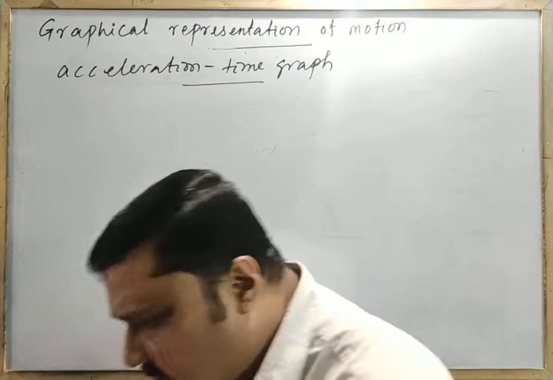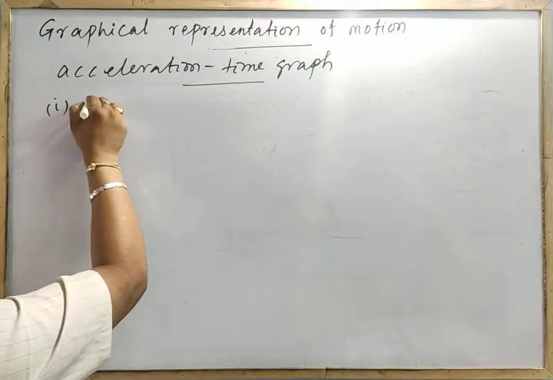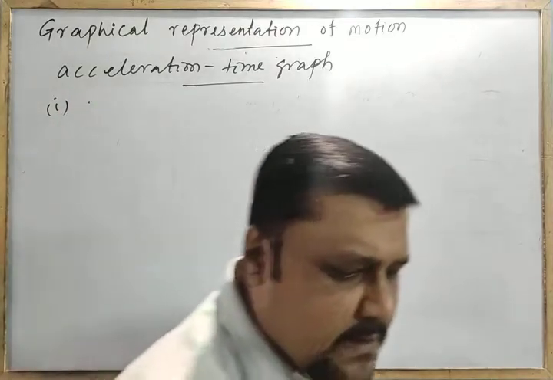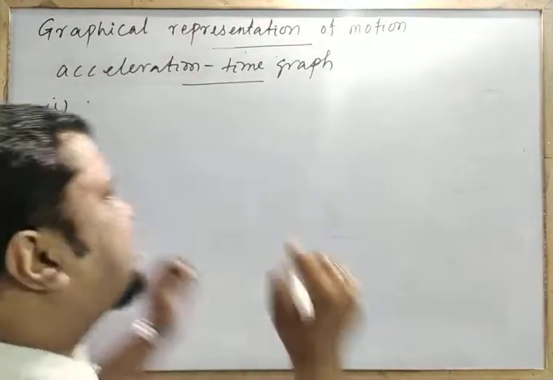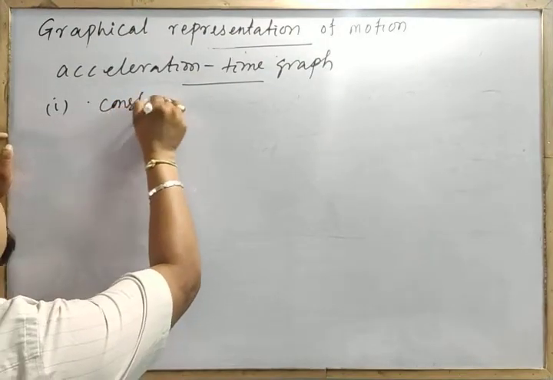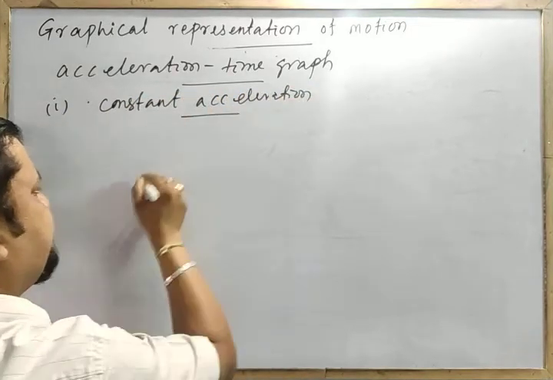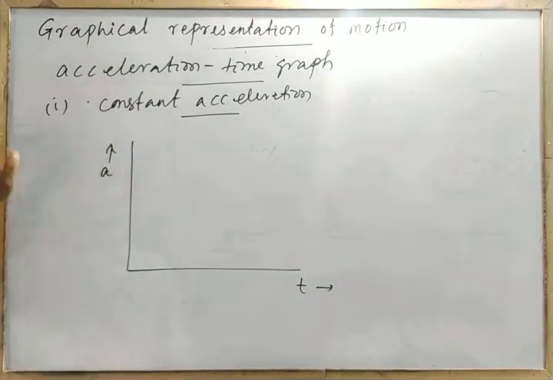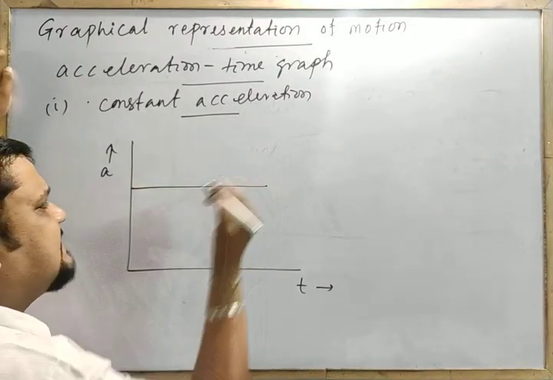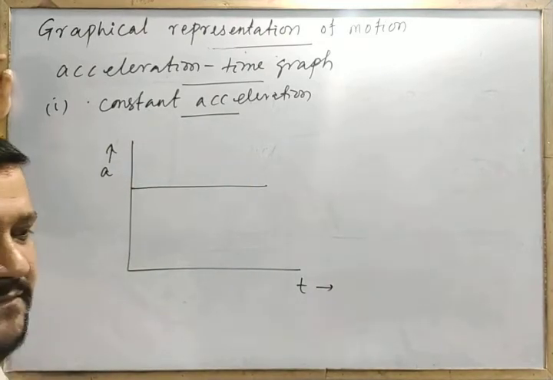First one, when the particle is moving with a constant acceleration, time is along the x-axis and acceleration along the y-axis, we will plot like this. Constant acceleration means with respect to time the acceleration remains constant. Clear? So this is the acceleration time graph.